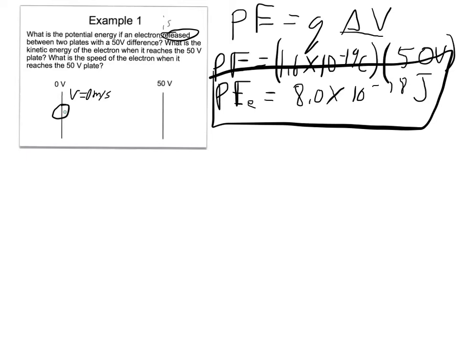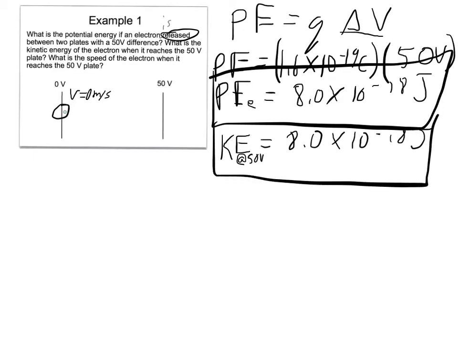Your total energy can't change, so all of this potential turns into kinetic. So the kinetic energy at 50 volts is 8.0 times 10 to the negative 18th joules. Check.